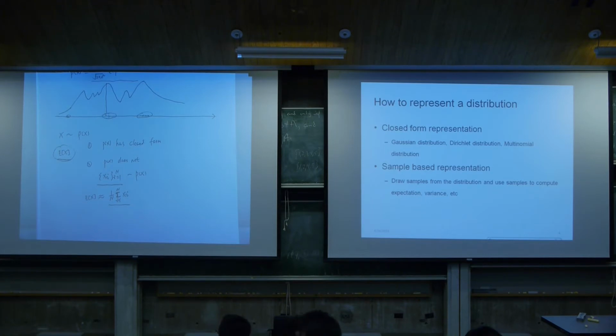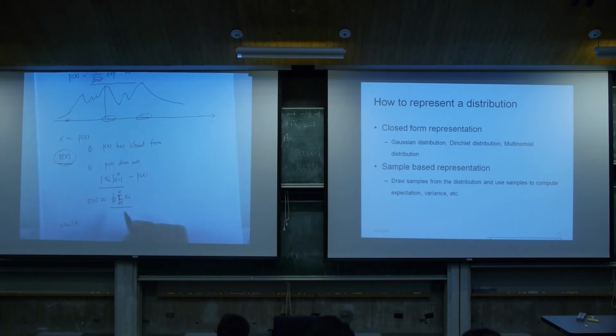And this is one example. You can also compute the variance, for example the variance of x, and also the posterior of x given some other data. And also, if the samples are drawn from a joint distribution p(x,y), you can use the samples to compute the marginal probability p(x). You can do many things with the samples. Okay.